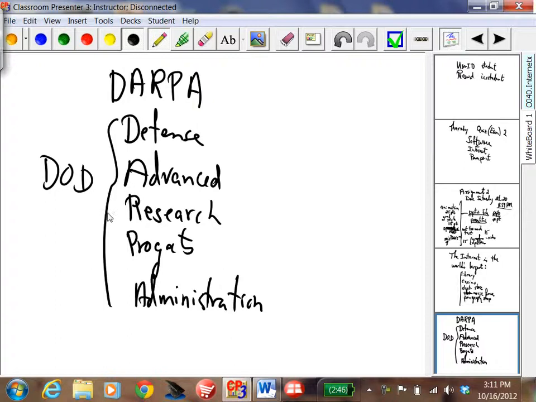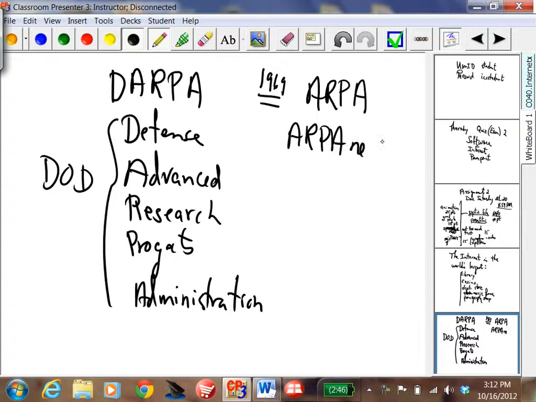Now, actually, this DARPA used to just be called ARPA, and it was around 1969, I believe, when this ARPA created something called the ARPANET.